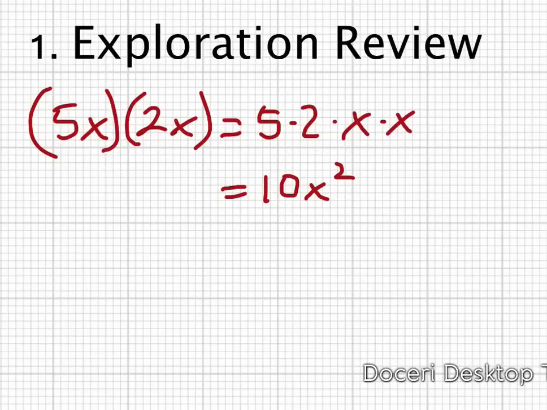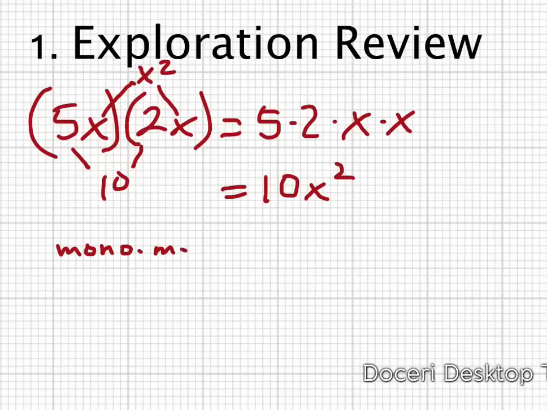You can write it out in the step that I showed, or you can just remember 5 and 2 give you 10, and x gives you x squared. And then you multiply those together. So this is still a monomial times a monomial.